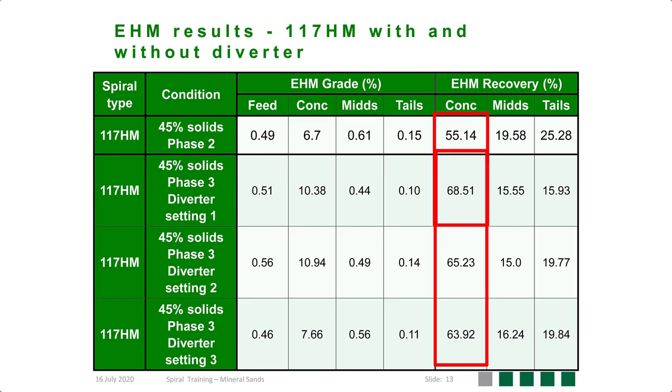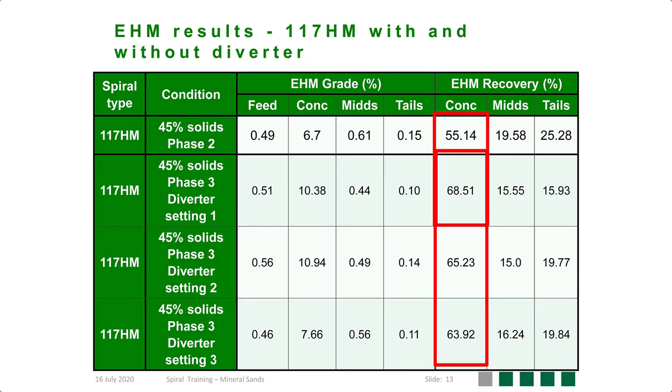What I want to show in this table is the recovery of the economic heavy minerals to the concentrate fractions. So if we look at phase 3, where we've utilized that diverter, you can see for setting 1 we've recovered around 69% of that economic heavy minerals. And it steadily decreased as the splitter position became more aggressive. So ultimately it resulted that we've recovered the best for a diverter setting of 1.